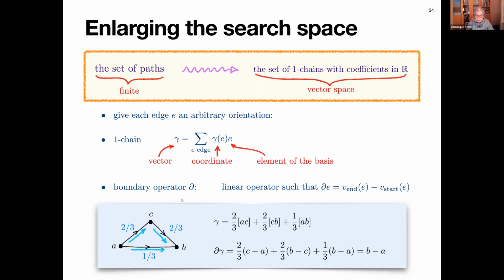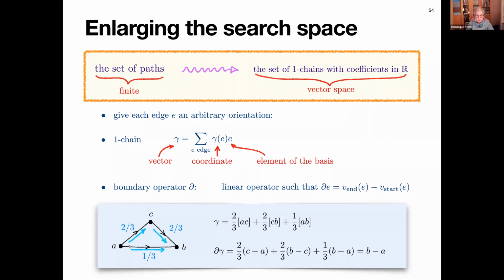We can associate to a chain gamma the boundary of that chain, which is a linear operator. So since it's a linear operator, we can define it on the elements of the basis as follows. The boundary of an edge e will be the vertex at the end of the edge minus the vertex at the start of that edge. Okay.